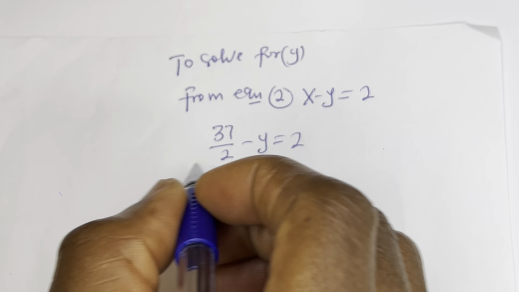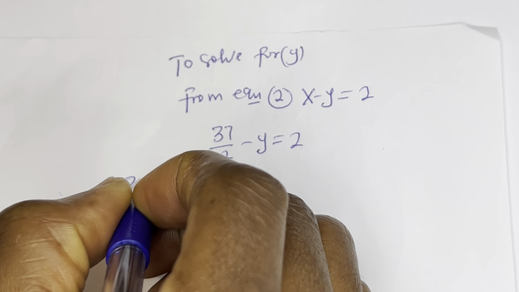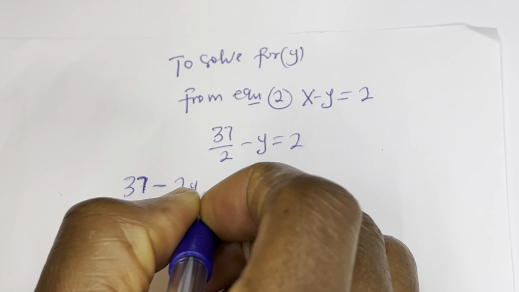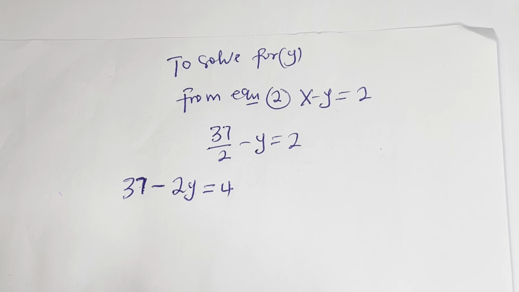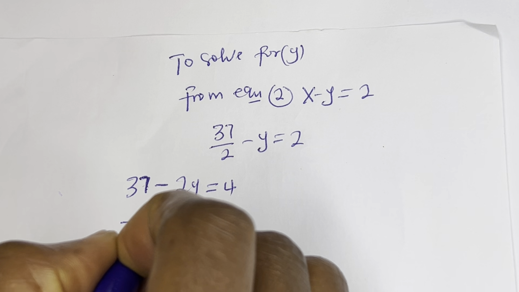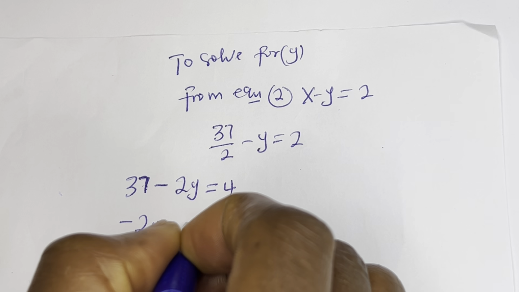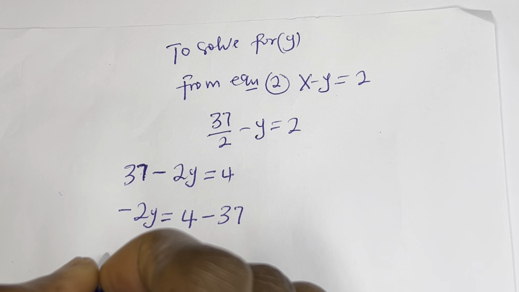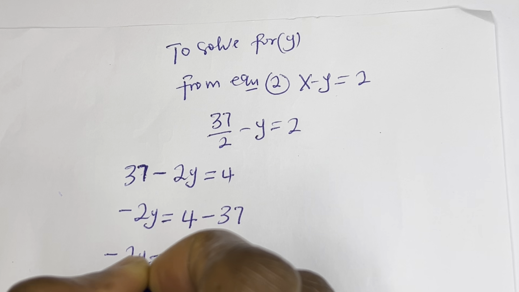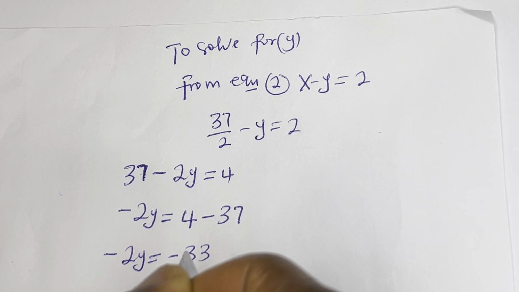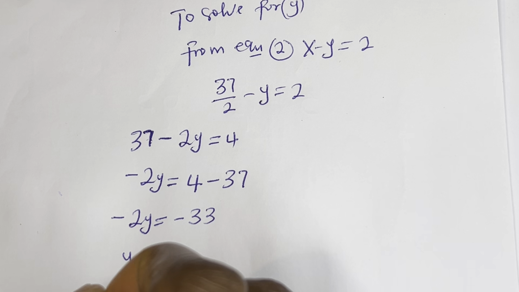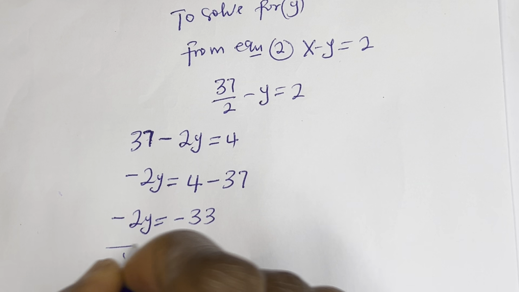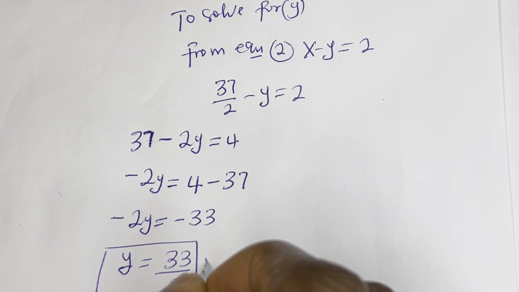Then let's multiply all through by 2. We have 37 minus 2y is equal to 4. And we have minus 2y is equal to 4 minus 37. Minus 2y is equal to minus 33. y is equal to 33 over 2. This is not a natural number. It is rejected.